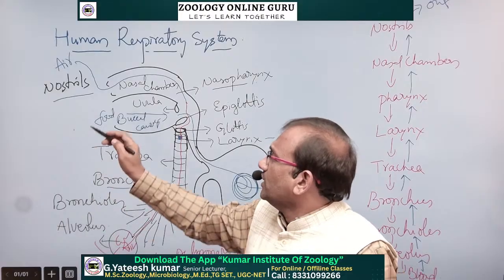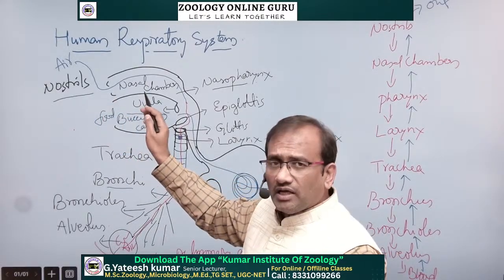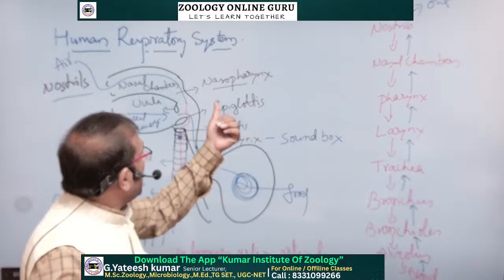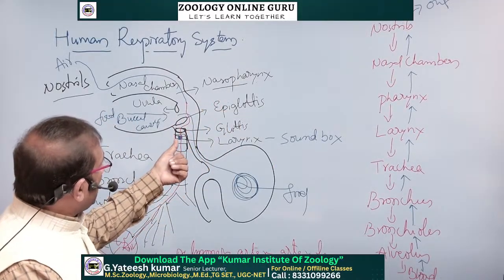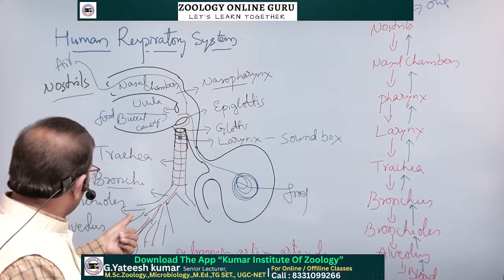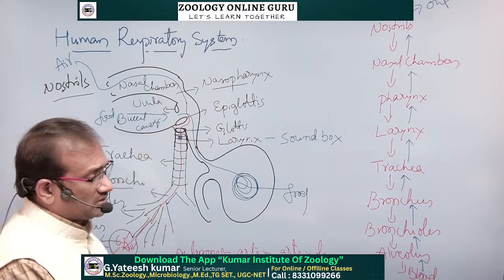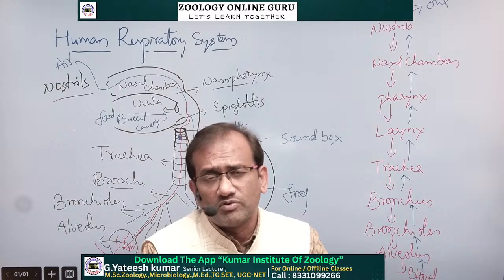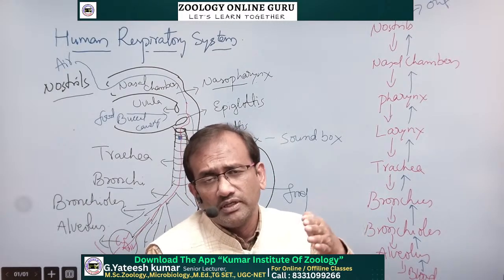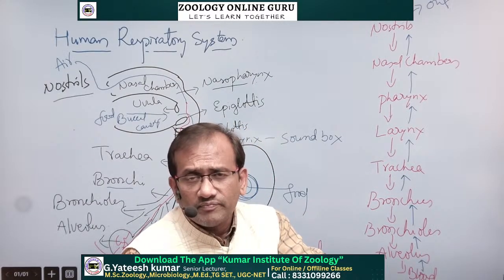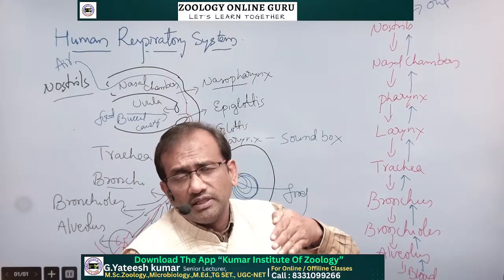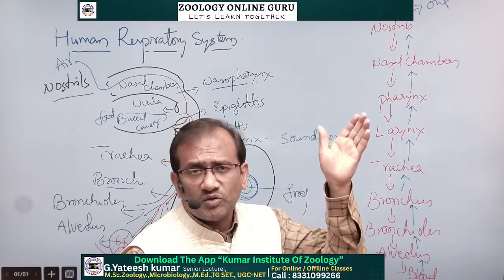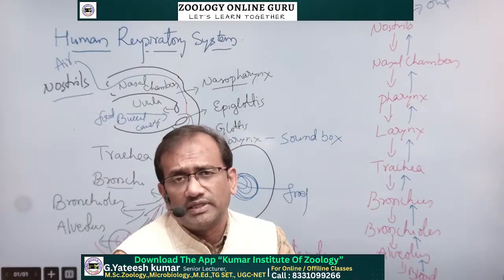So from the nostrils, the air enters into the nasal chambers, to the pharynx, pharynx to larynx, trachea, bronchus, bronchioles, alveolus. The CO2 comes outside in exhalation in the same route, that is alveolus, then the bronchioles, bronchus, trachea, larynx, pharynx, nasal chambers, nostrils, and comes outside.